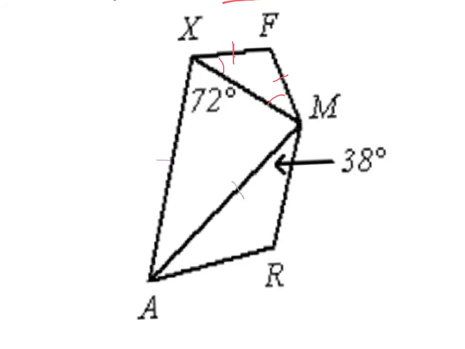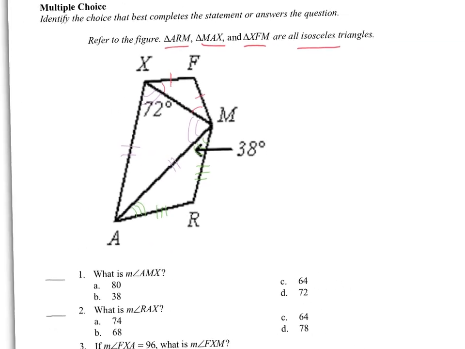This triangle's segments are also congruent, and the base angles are congruent. And the last one, we have these segments being congruent and these base angles being congruent. So that's the information that's given to us.